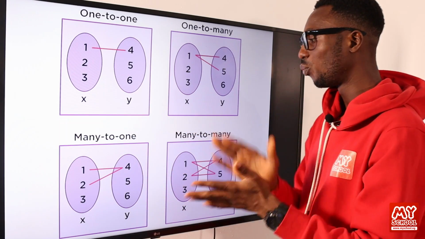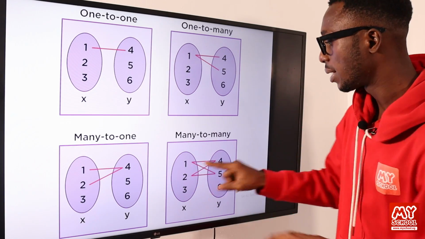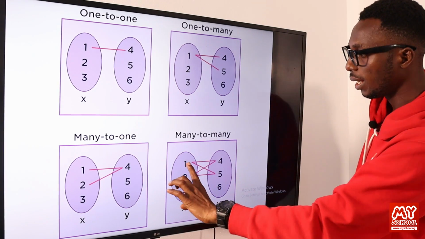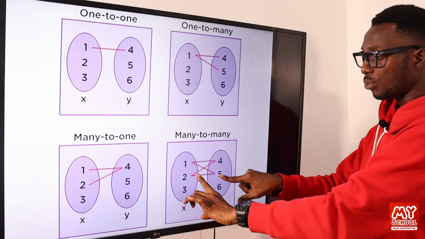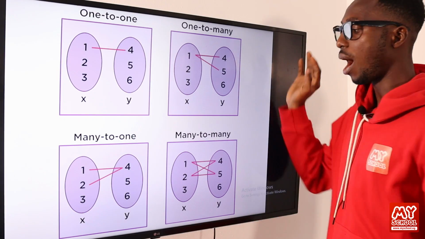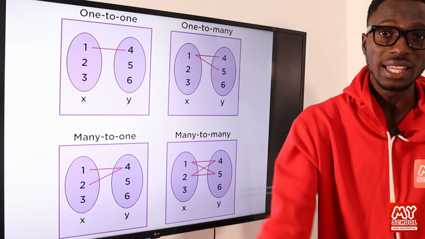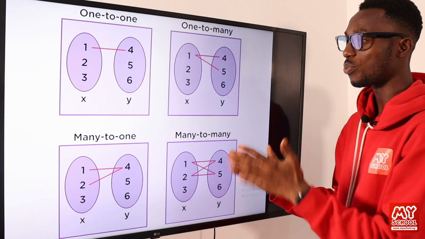Then we have many-to-many, whereby the input here is producing more than one output. The same thing is happening from both sides. One input is producing more than one output, while an output is a product of many inputs. That is what happens here.